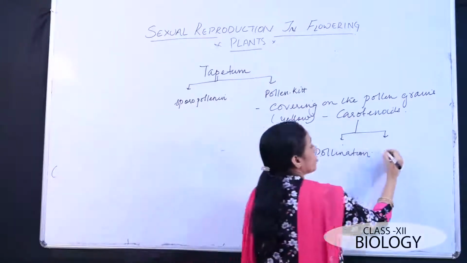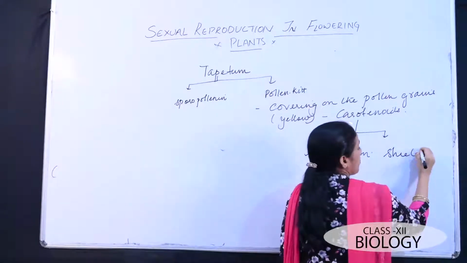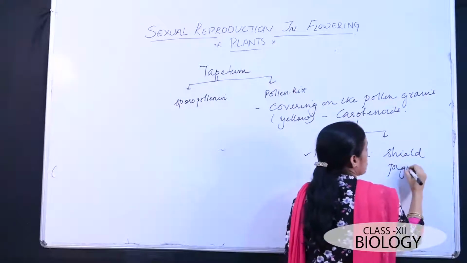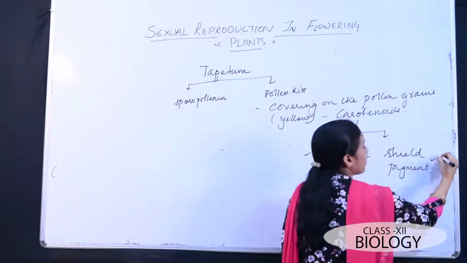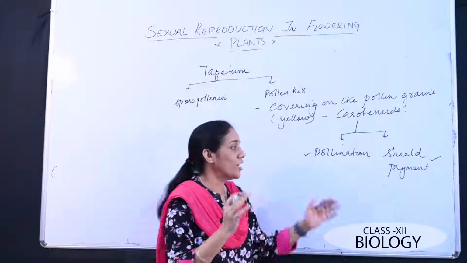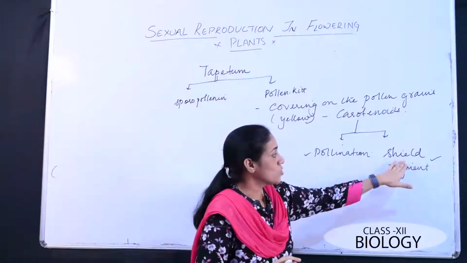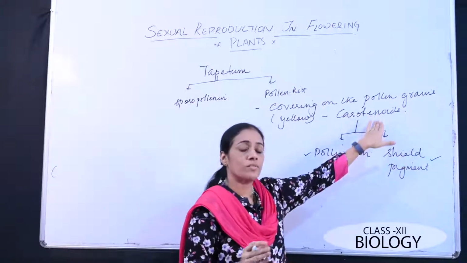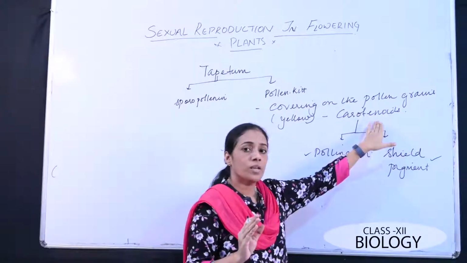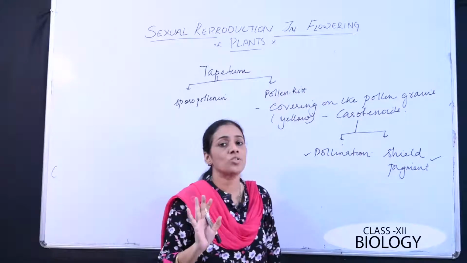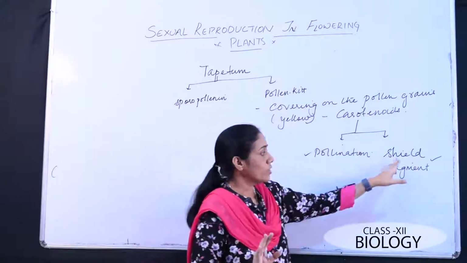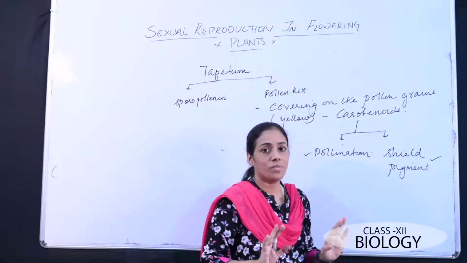Secondly, the carotenoids also act as a shield pigment. What is the meaning of shield pigment? Shielding means protecting, just like an umbrella. So these shield pigments, the carotenoids, protect the pollens from the harmful UV rays of the sun. That is why they are named so.